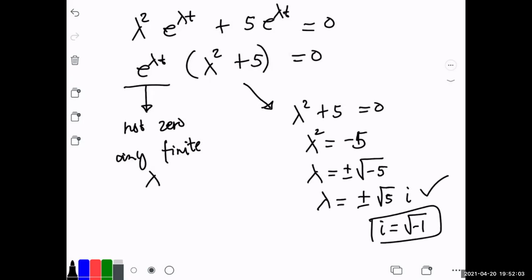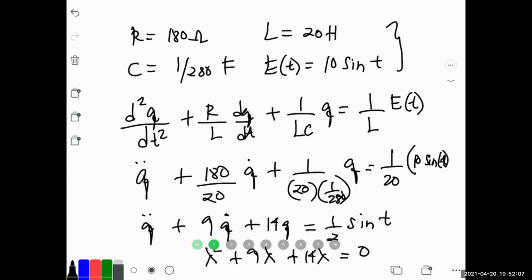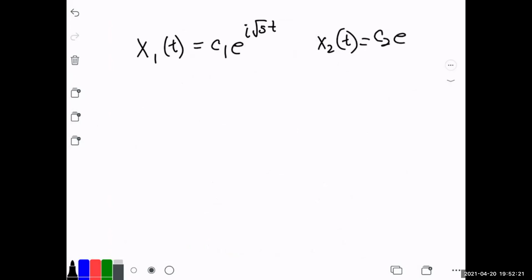So x1 of t would be equal to c sub 1 e to the i square root of 5t, and the other one, x sub 2 of t, would be equal to c sub 2 e to the negative i square root of 5t.